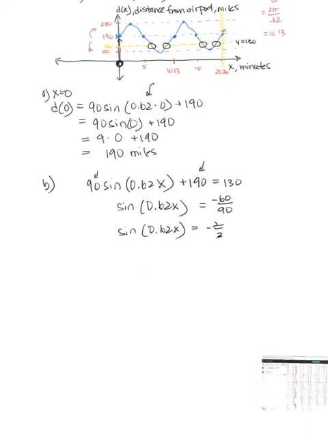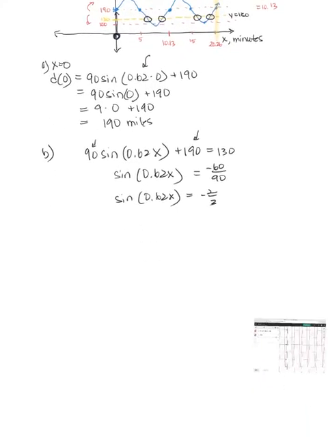So now what I want to do is get this 0.62x by itself. And I can get rid of the sine function as long as I take the sine inverse of that whole side. But let me erase, because here's what I want to show you.